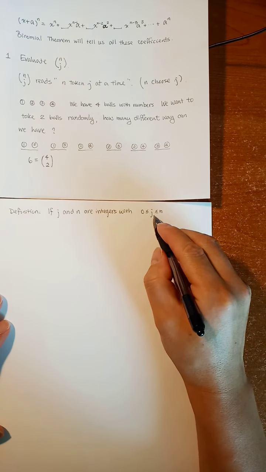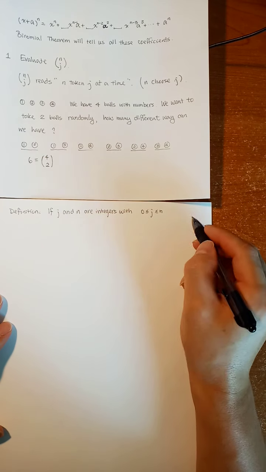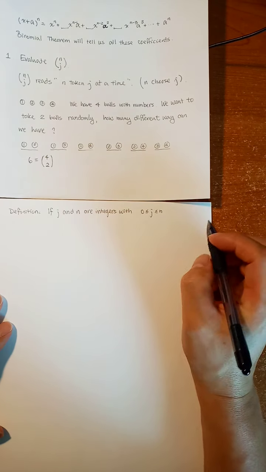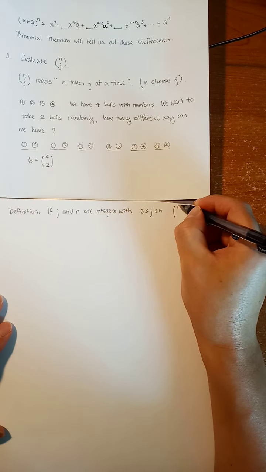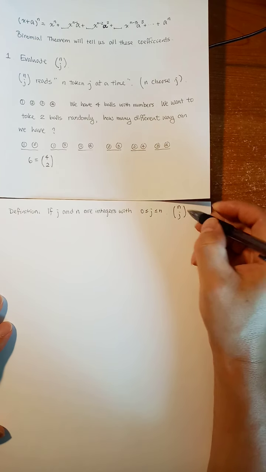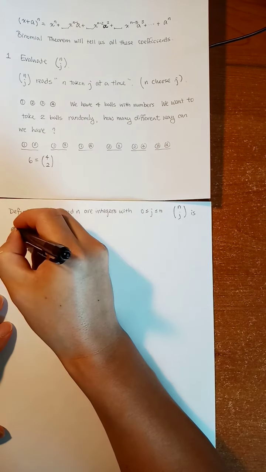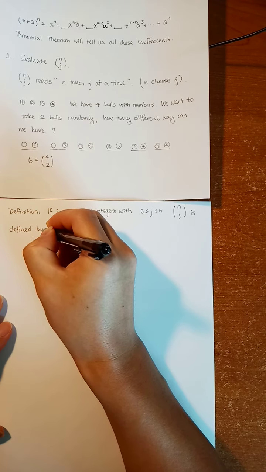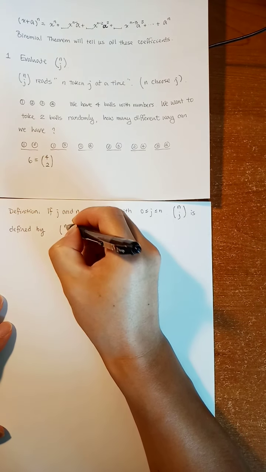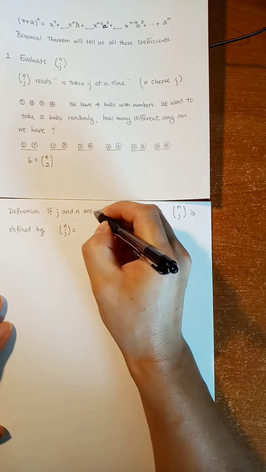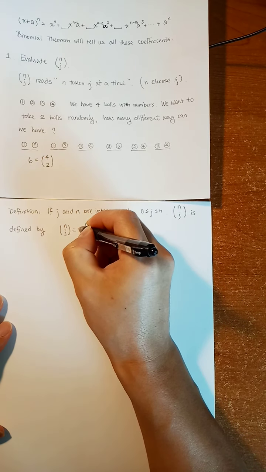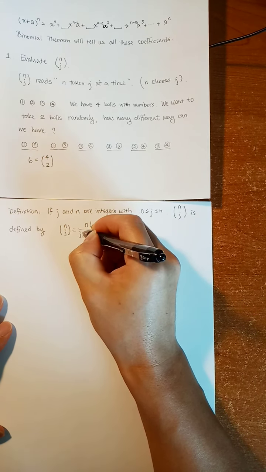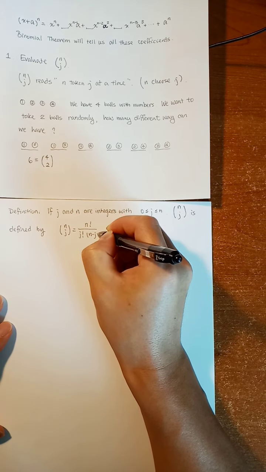Okay, j can be n, j can be 0, but j cannot be bigger than n. j has to be non-negative. Then the symbol n choose j is defined by n choose j equals n factorial over j factorial times n minus j factorial.